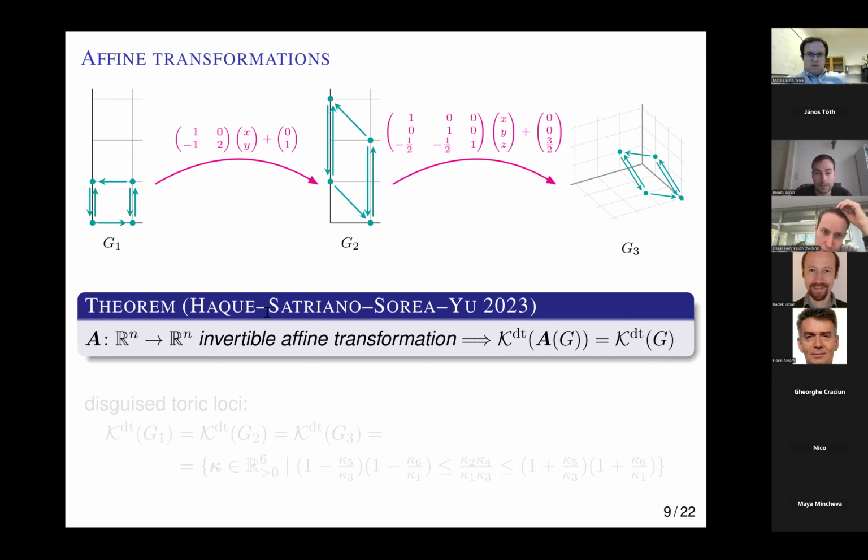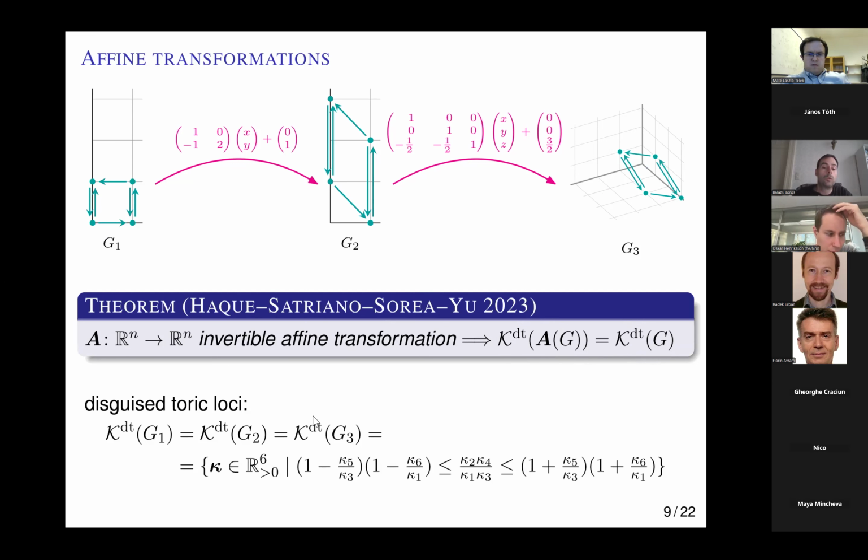This is a result by Sabina, Miruna, Stefana, and Polly. And for this reason, we actually get for free that once I take the lifted parallelogram, for example, as shown here, we do know that even for that one, the disguised toric locus is absolutely the same as for the other two.